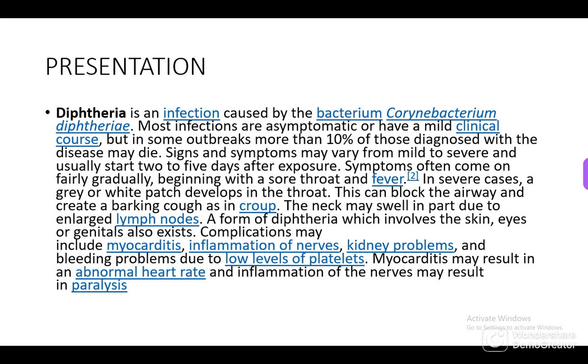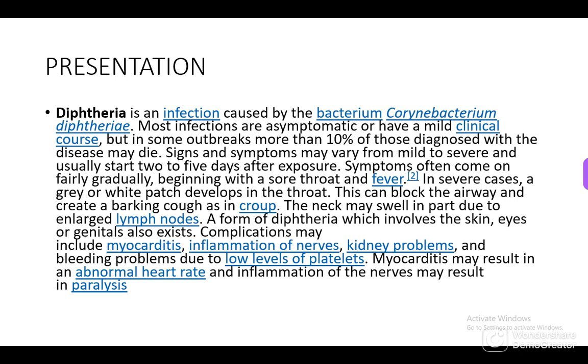The detached membrane will drop down into the larynx, the rima glottidis, and in this fashion strangulation occurs, there is no way for oxygen to enter, and the child dies because of the detachment of the membrane, which blocks the upper respiratory tract, the trachea. Signs and symptoms vary from mild to severe and usually start 2 to 5 days after exposure. The incubation period is about 4 days.